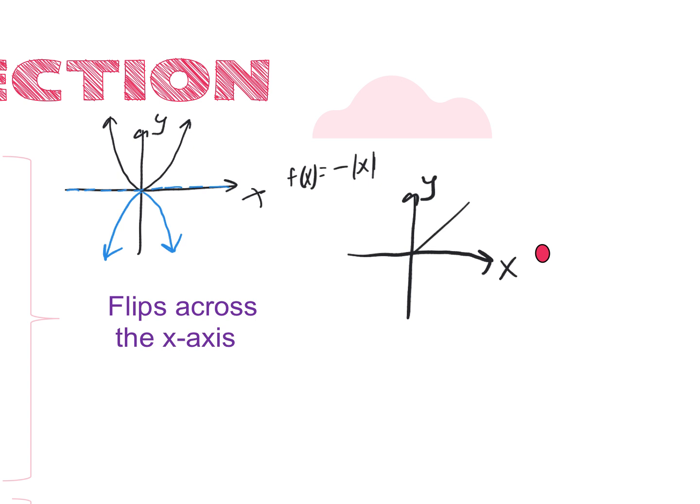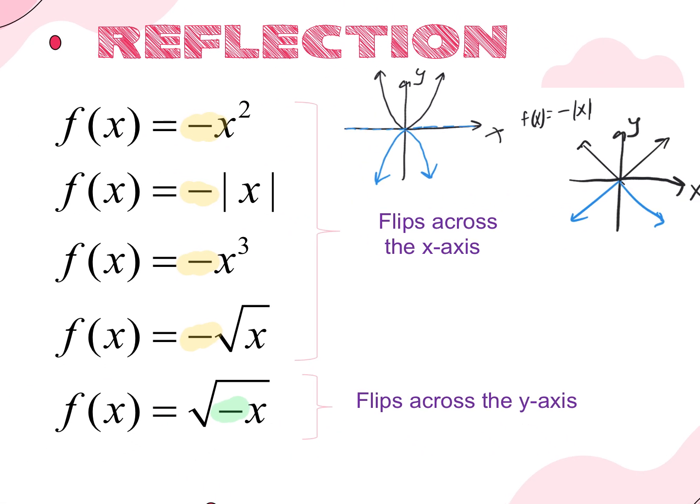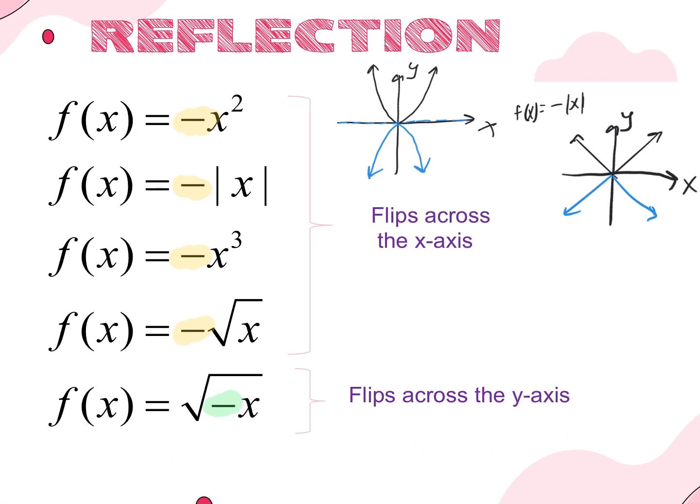We know that our parent is going to be this V shape, something like that. And for a reflection across the x-axis, you're going to take every single point on this V shape and flip it downwards. So it's going to be something like that. Every single one of these, you're going to take and flip downwards across the x-axis.